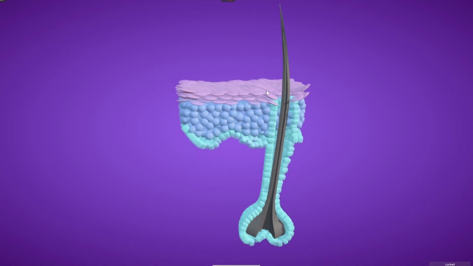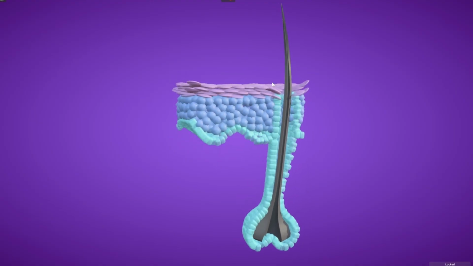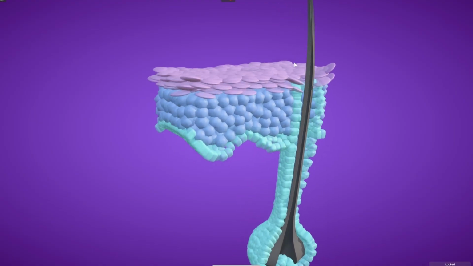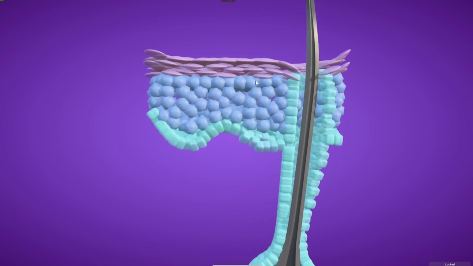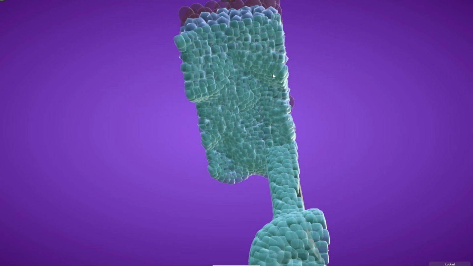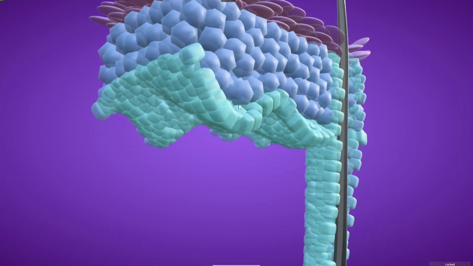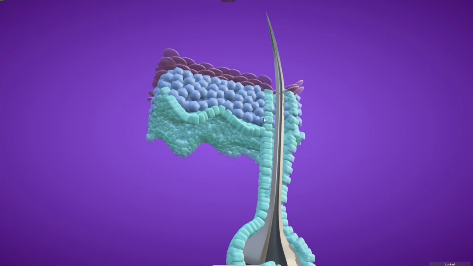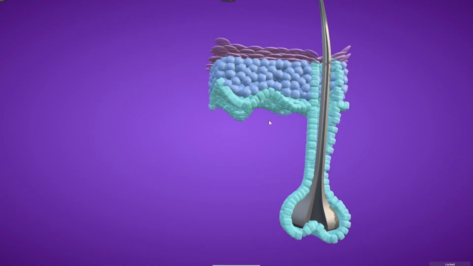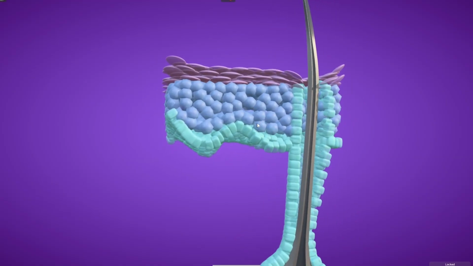So here I have a simplified 3D model that shows a part of the skin. Along with that, I have also shown the hair follicle. So basically, this one is the epidermis. From the stratum basale of the epidermis of the skin, an invagination or solid ectodermal bud arises.